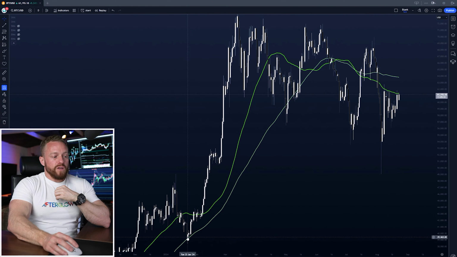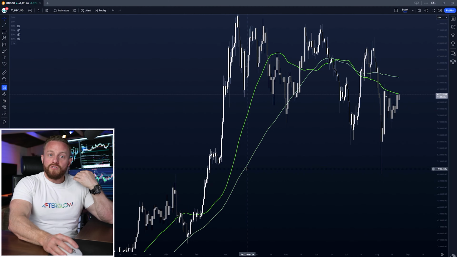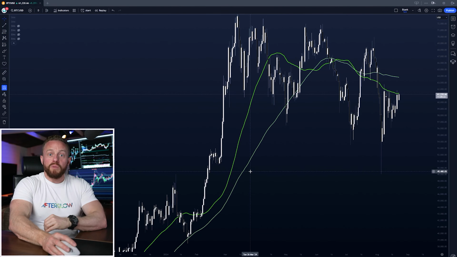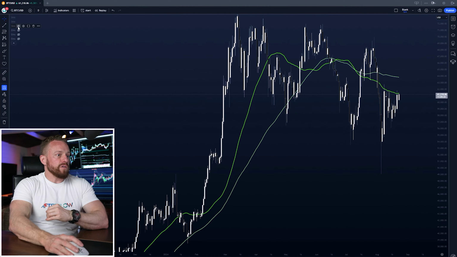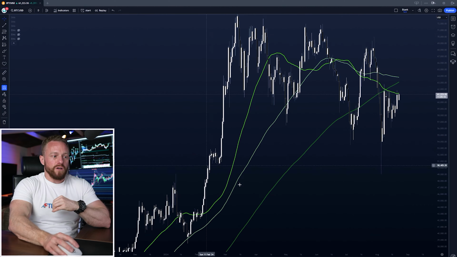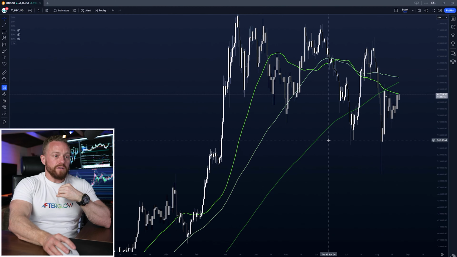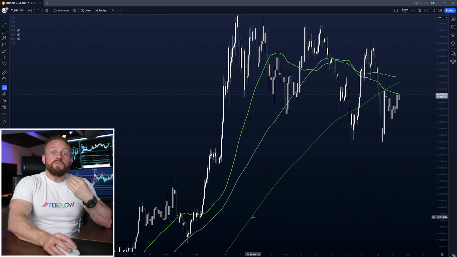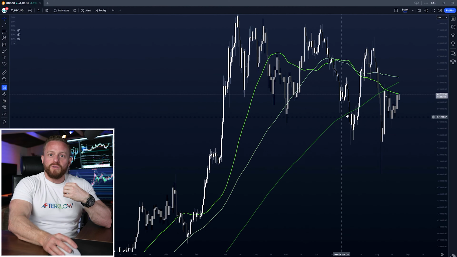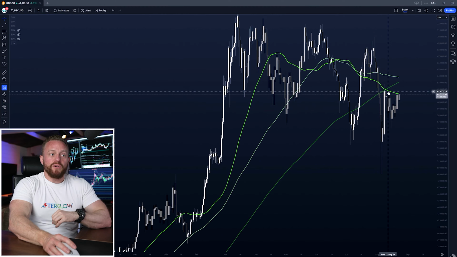And then the SMA 100 line is slower to curl up because it's smoothed out more by that longer time period. And then if I turn on the SMA 200 line here in dark green, you can see this is even more smooth. It's even slower to react to the latest price action.